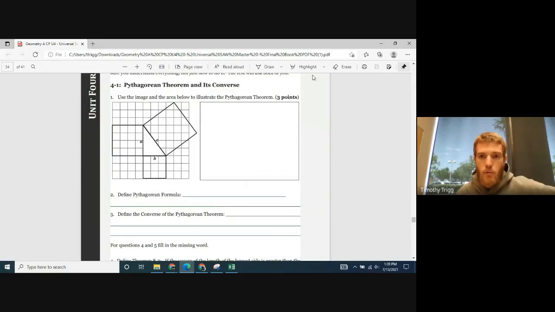Basically, all I want you to do is say the area of the two smaller squares add up to the area of the larger square.